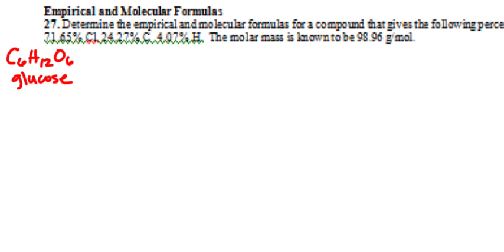Why isn't this the empirical formula? It's not the lowest whole number ratio. If I were to get the empirical formula for this, what would it be? CH2O. As a matter of fact, your trivia piece of knowledge for the day, this is the empirical formula for all carbohydrates.